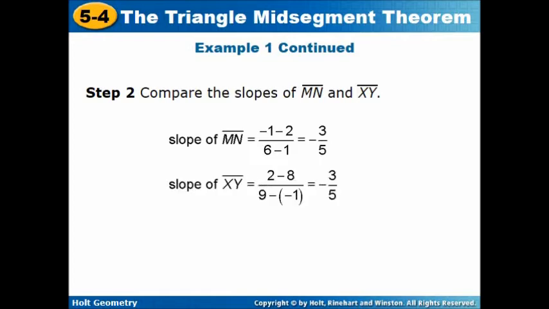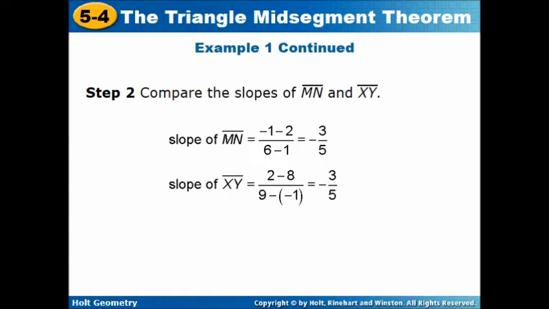Now the slope of XY will require that we again use the slope formula, and the y coordinates for X and Y are 2 and 8, and since we're subtracting those two coordinates, it's 2 minus positive 8, and then that will be divided by the x coordinates of 9 and negative 1.